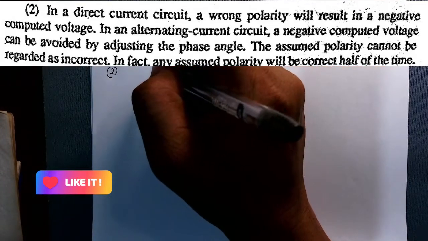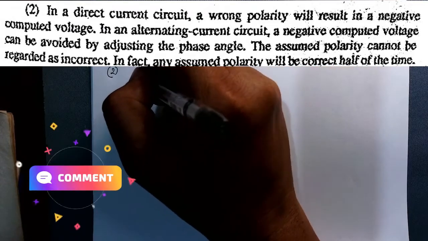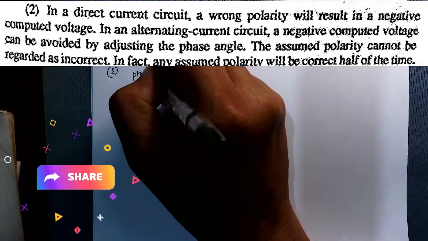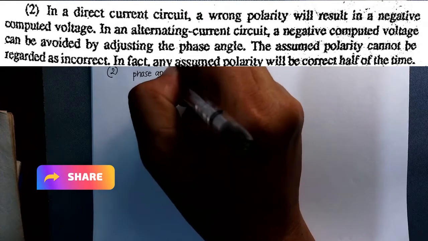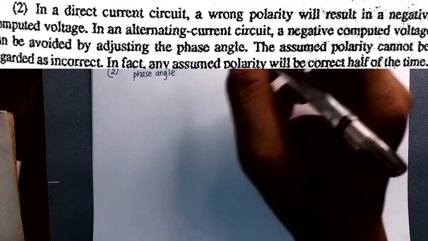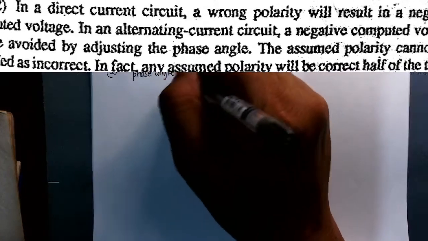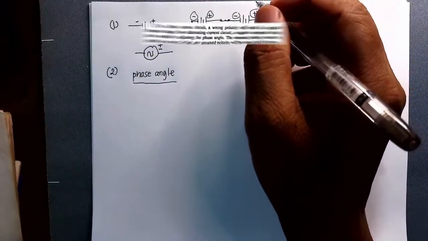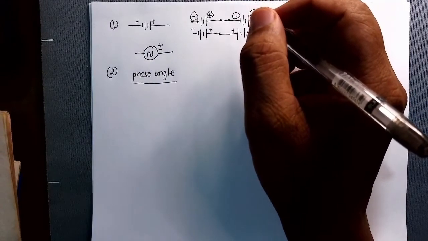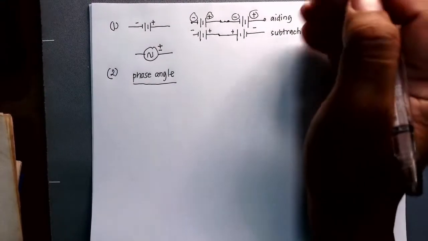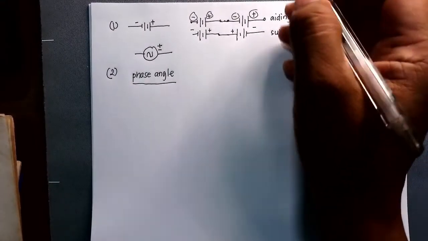We should just adjust the phase angle. We have the so-called phase angle. Since the polarity is changing, you just have to adjust this one, and the negative result will be corrected. So half of the time it may be incorrect, but half of the time it will be correct.